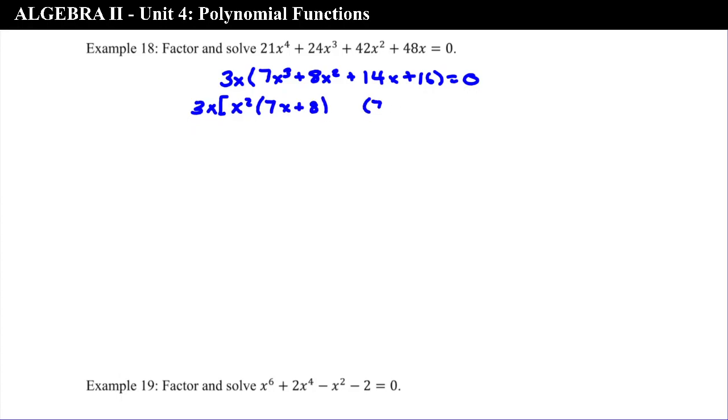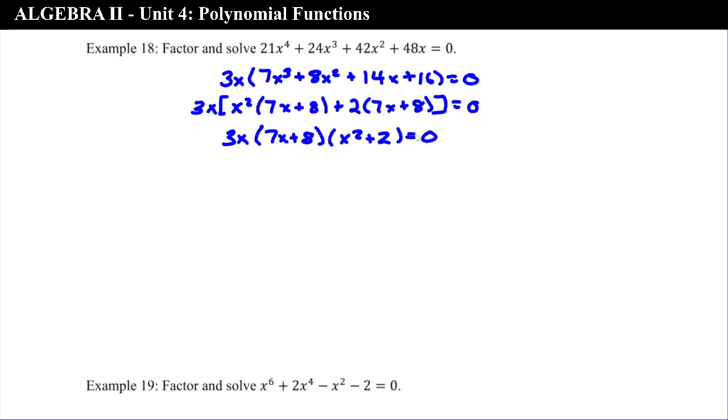We know we want a 7x plus 8 out of the other one as well. And what do we factor out to make that happen? Plus 2. And so we end up with 3x times 7x plus 8 times x squared plus 2 equals 0.